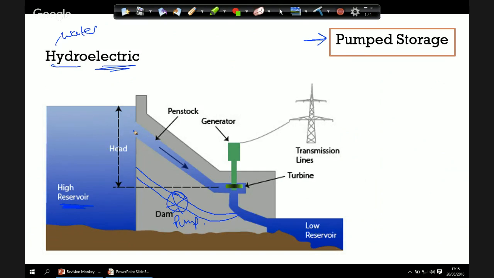So if you really need it really quickly, then you can open this gate and generate more electricity this way. So unfortunately, you have to use energy to pump it up there in the first place, but it just gives an extra supply of electricity when needed.